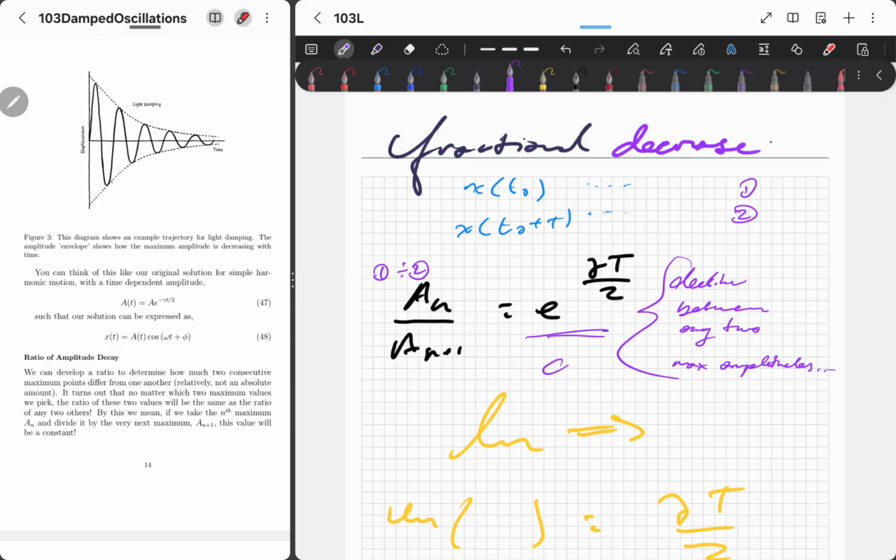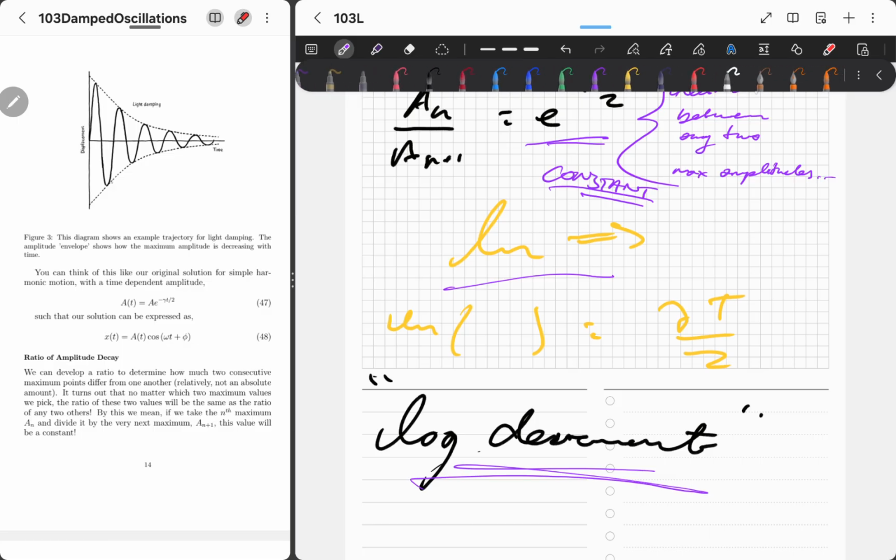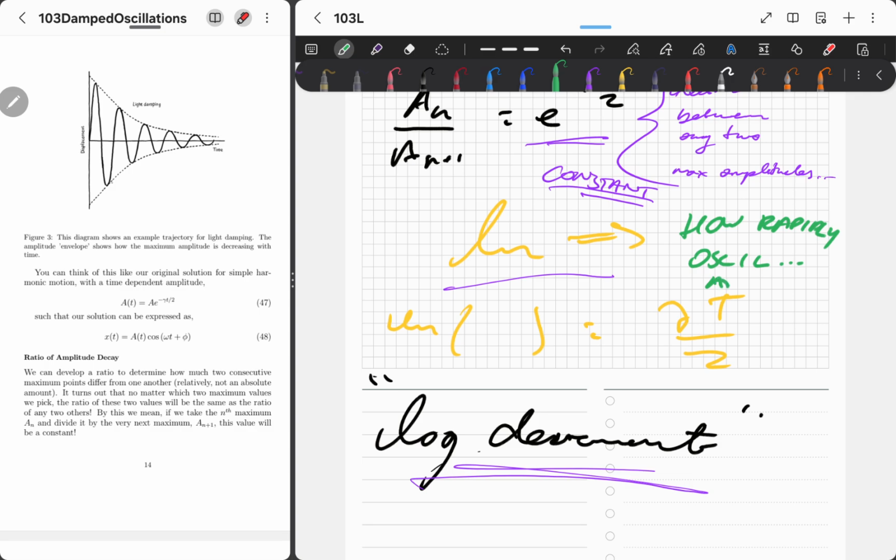Now, you can take the natural logarithm to separate this. This is known as the logarithmic decrement, okay? And this is basically an indication of how rapidly the oscillations are decaying. So, cool fact about light damping, it's very predictable how it's going to decline from one cycle to another according to this division here.